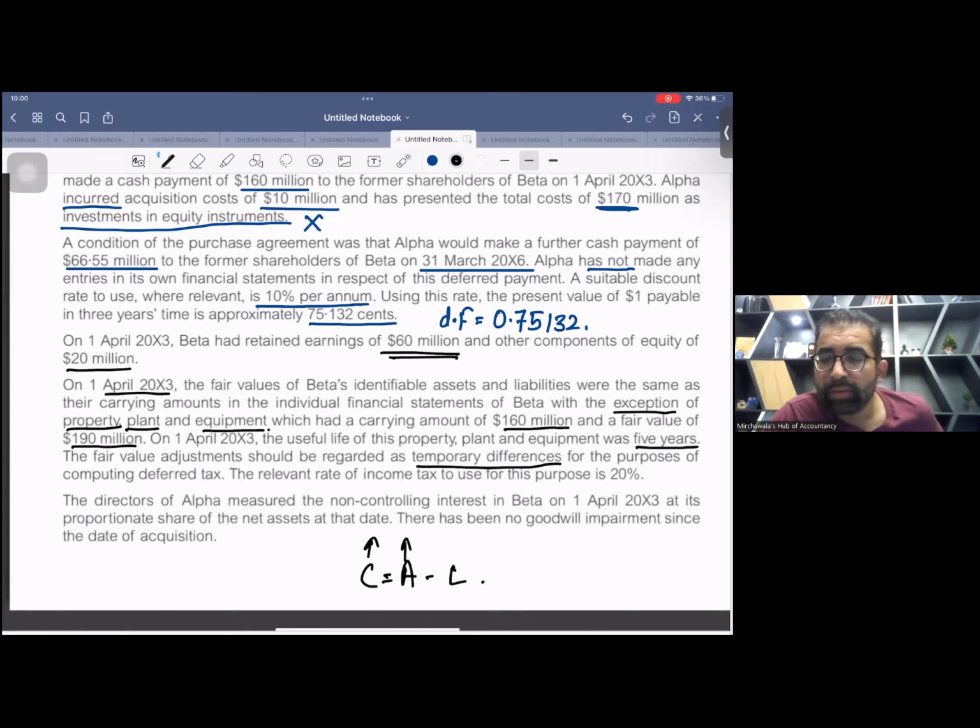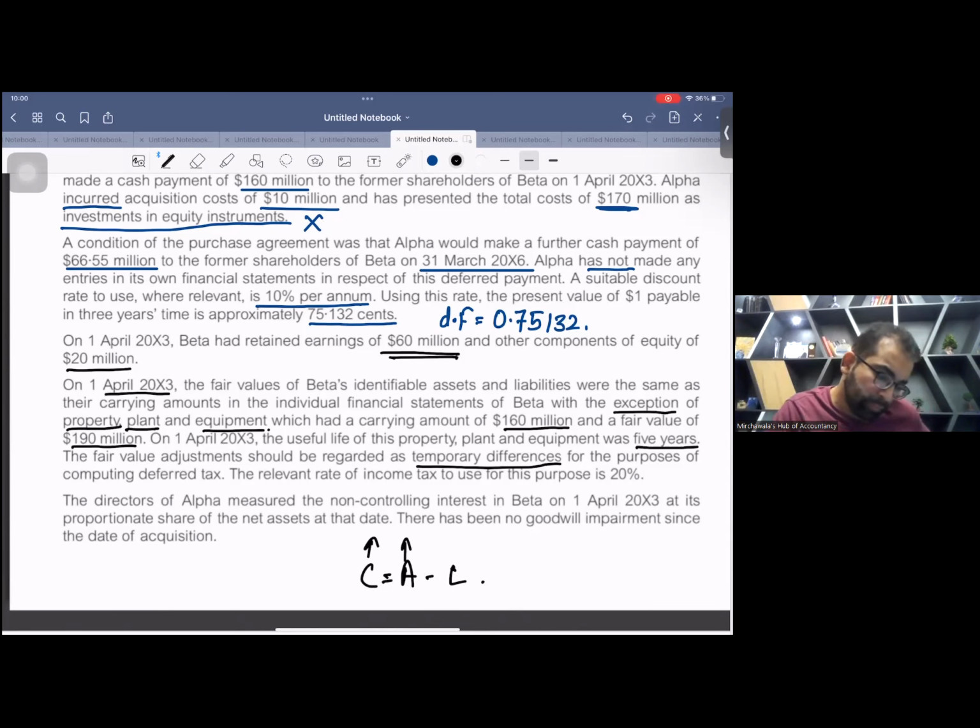And as this is a taxable temporary difference, as we have to pay tax in future, there will be a deferred tax liability. So at the date of acquisition, you have to adjust this deferred tax liability as well.